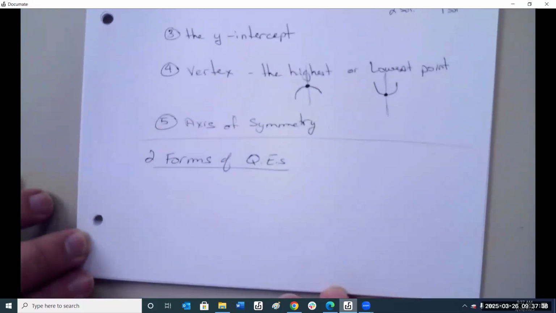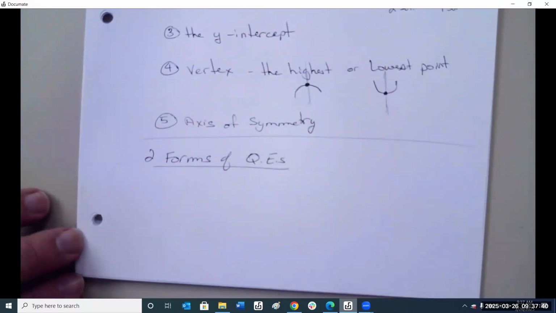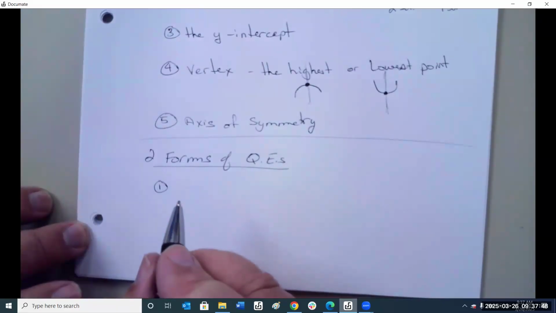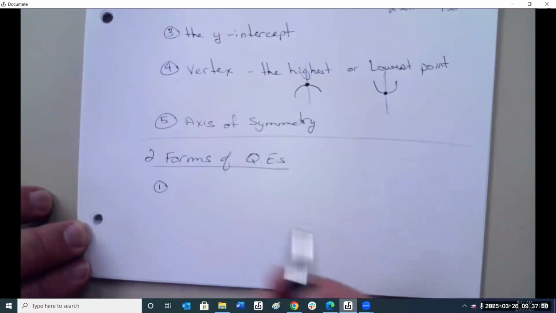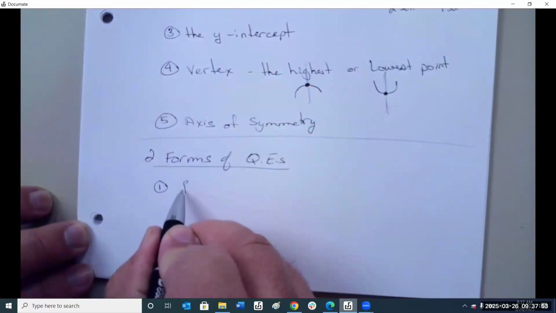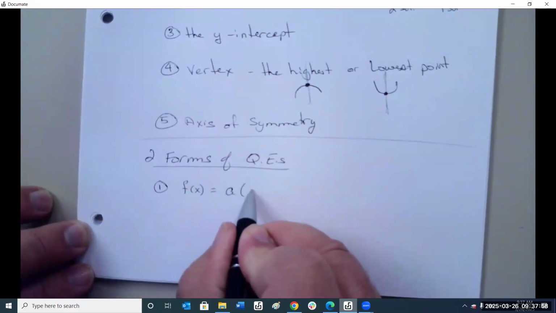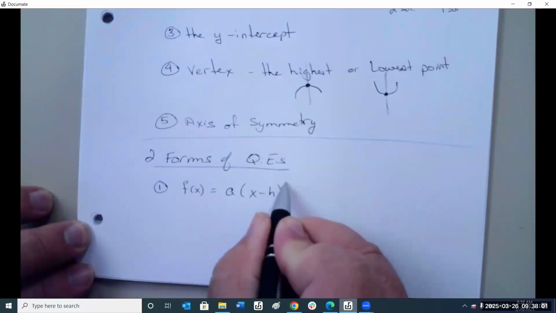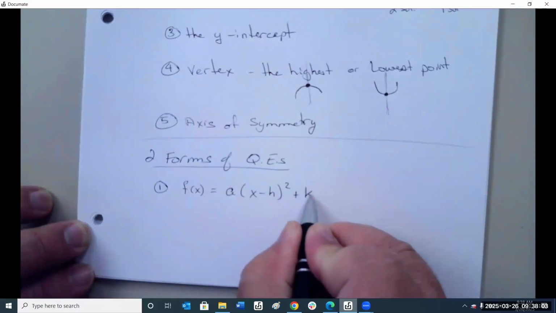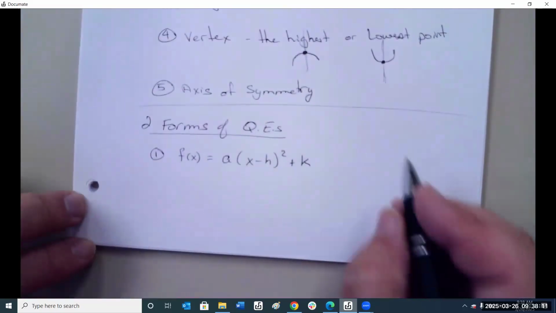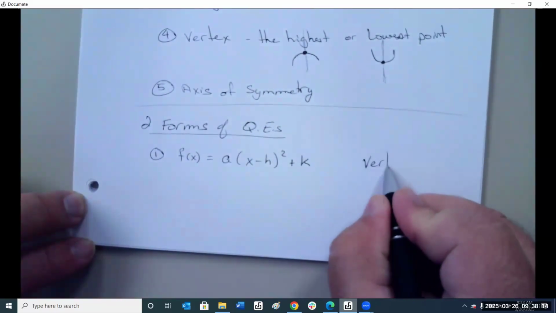We have two forms of quadratic equations. We call this the vertex form.